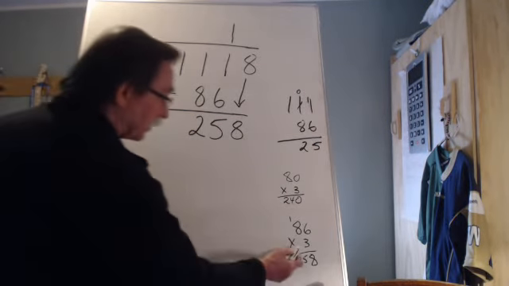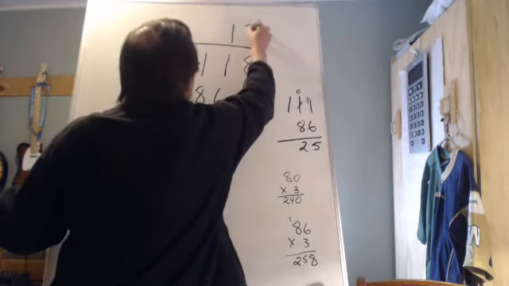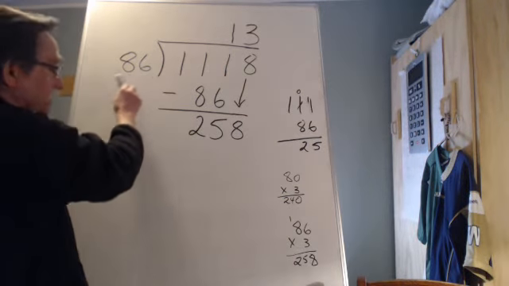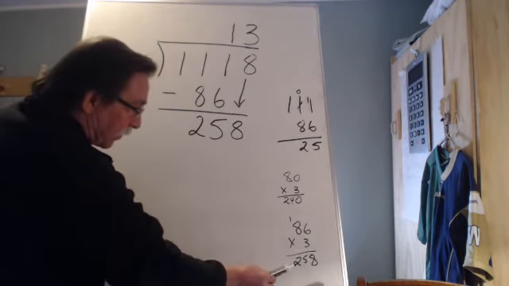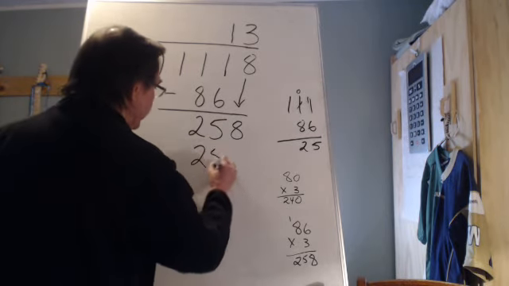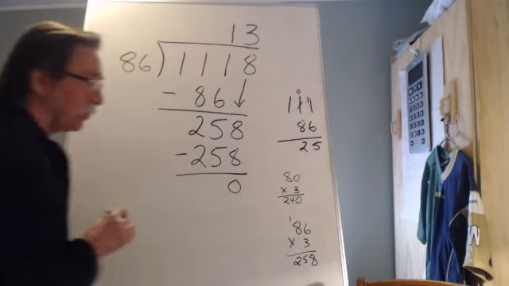Perfect. So it looks like 3 is the number we want. Go up there like that. So 3 times 86, we already have done that over here. And the answer down here is 258. Beautiful.